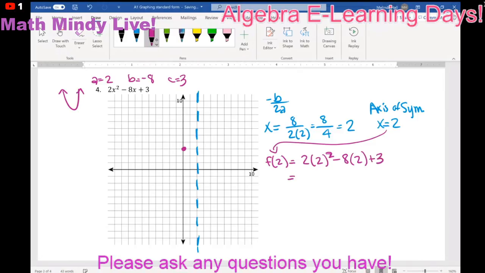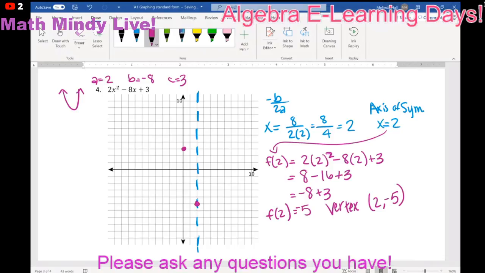Times 2 squared would be 4, times 2 would be 8, and then -8 times 2 would be -16 plus 3. And so 8 minus 16 is -8, and then -8 plus 3 would be -5. So then my vertex would be at (2, -5). And so I come down to 5.